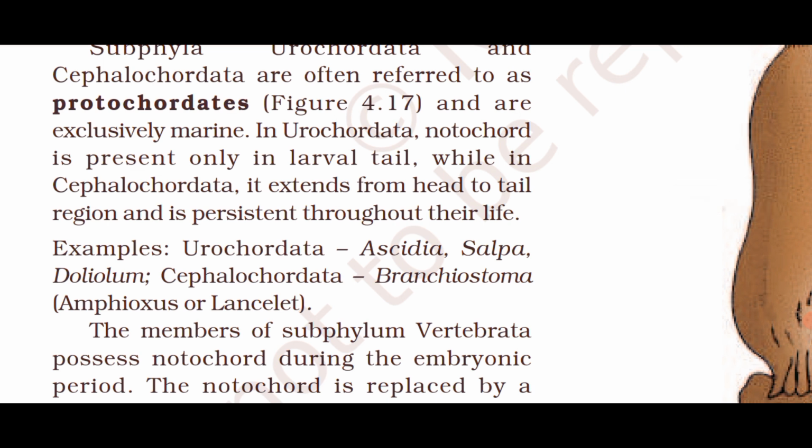In Urochordata, notochord is present only in the larval tail, while in Cephalochordata it extends from head to tail region and is persistent throughout their life. Examples: Urochordata, Ascidia, Salpa, Doliolum; Cephalochordata, Branchiostoma, Amphioxus or lancelet.